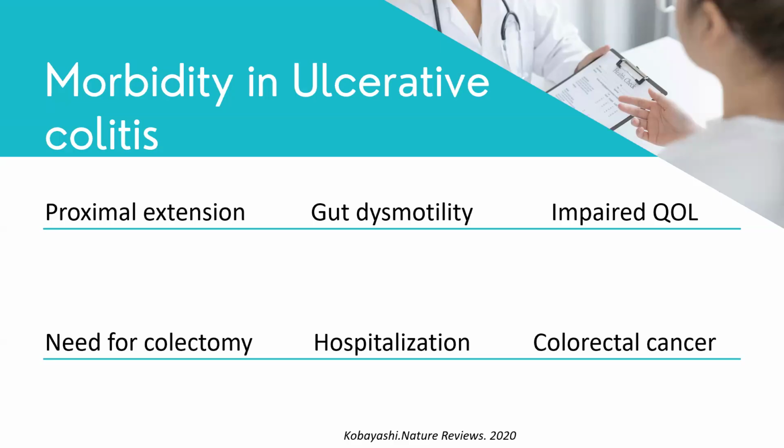Quality of life is an important issue, especially in terms of treatment, because active disease can actually impair the quality of life. And then some of the things that we fear are hospitalization, just like any other condition, but also the need for colectomy, which can happen in uncontrolled disease, or complications like dysplasia or even malignancy. Colorectal cancer is a huge risk in ulcerative colitis, which increases with the time that someone has had the disease.